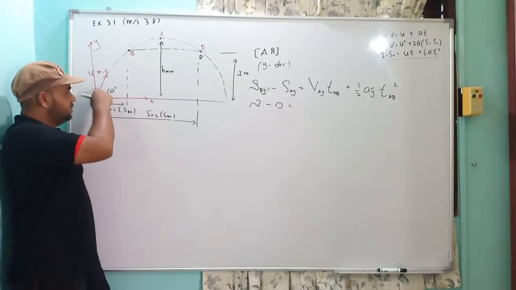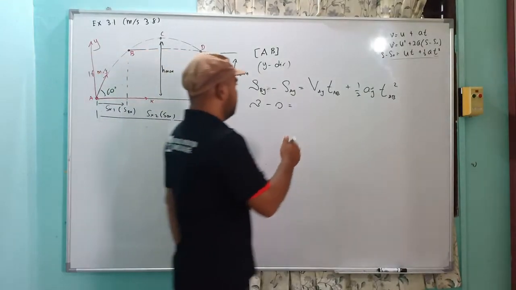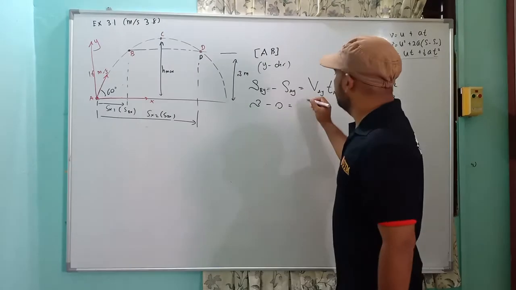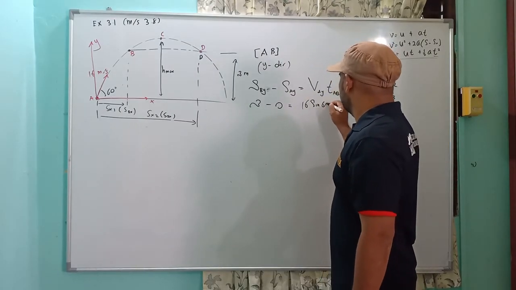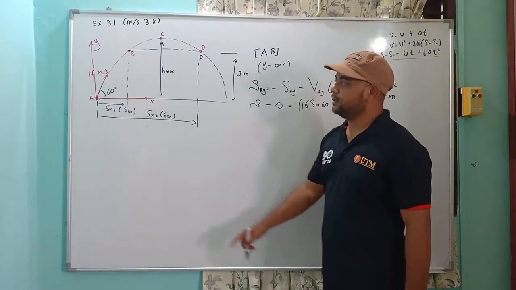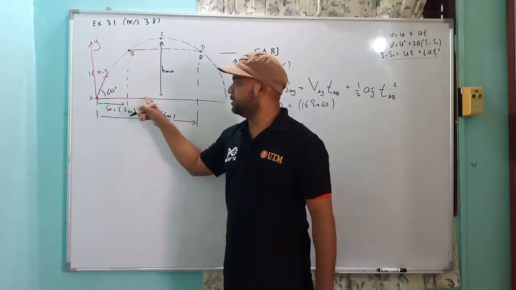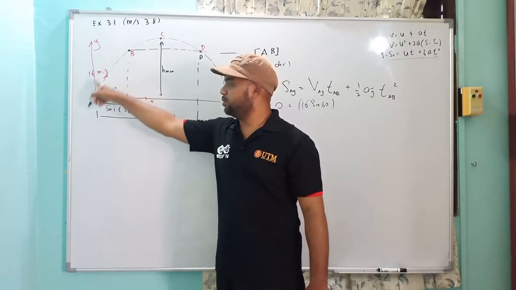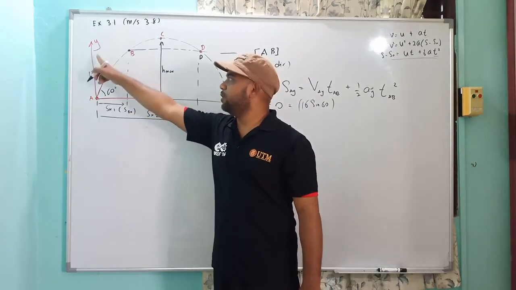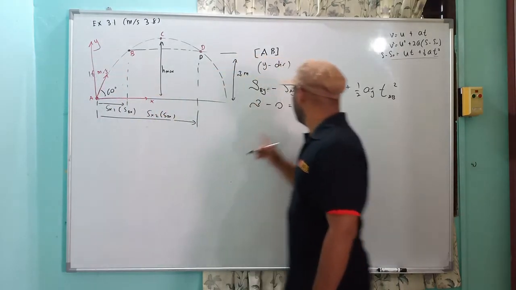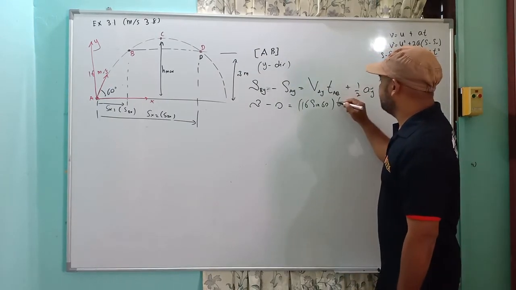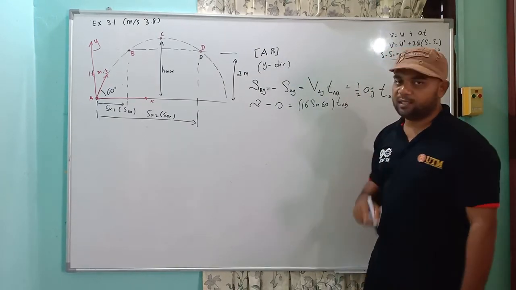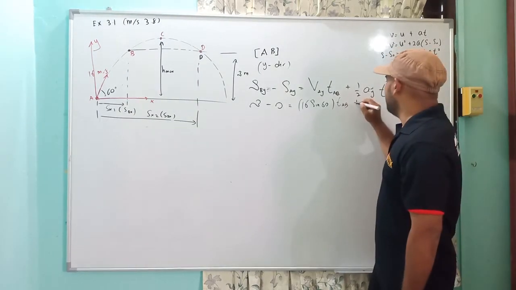So Vay will be 16 sine 60, and Vax is 16 cos 60. 16 sine 60 goes upward and y is positive upward, so I'm putting the positive value here. And then we have tAB, the thing that we want to find, plus half a.